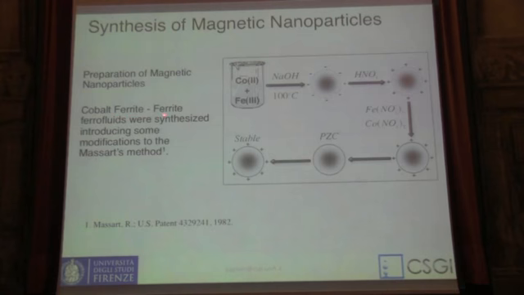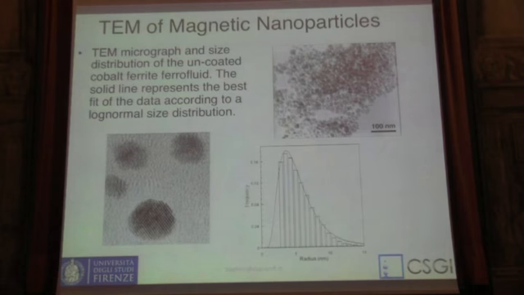If you want to use particles just to show a proof of principle, cobalt ferrite is much better. But if you want to use it for, say, nanomedicine, maybe ferrite is better, or you can also use cobalt ferrite covered by gold. But anyway, ferrite is the most important particle you can use.